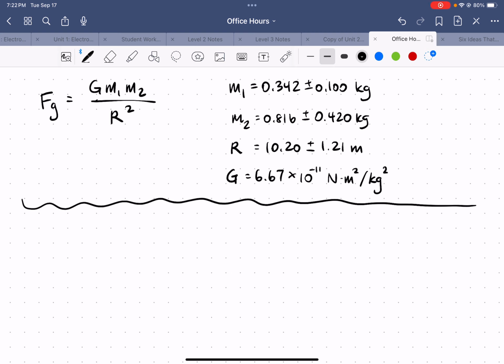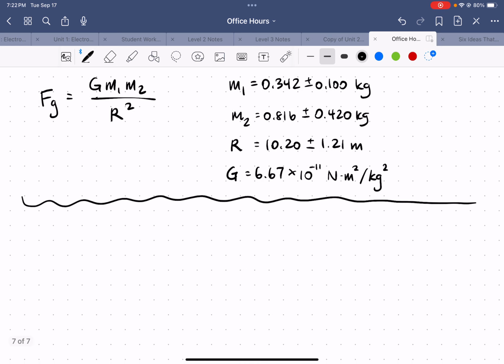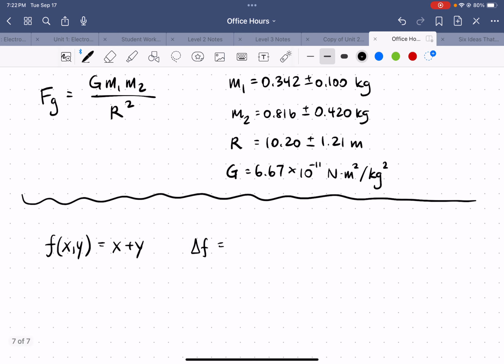For example, if I have a simple function f of x, y equal to the sum of x and y, and x and y are both independent and each have an uncertainty, the uncertainty in the value of f, which I could call delta f, is not simply the sum of the uncertainties in x and y, but is given by this expression here.